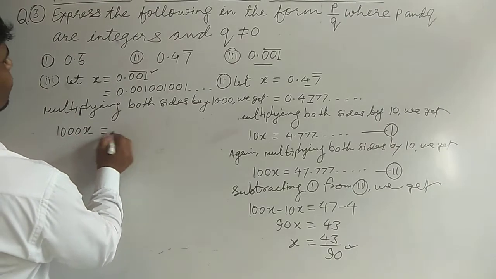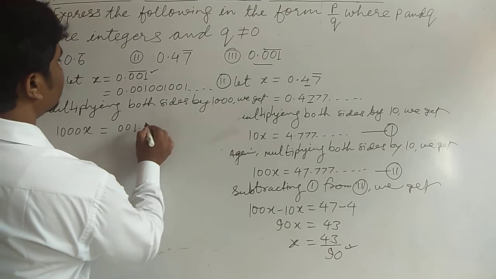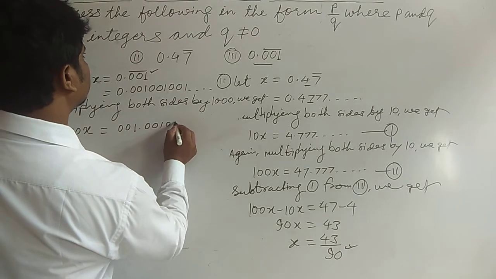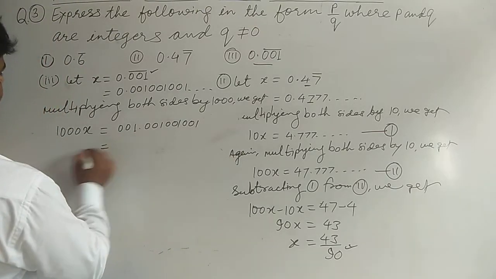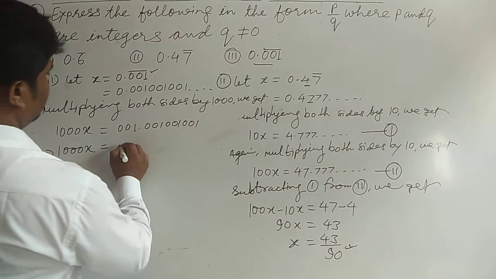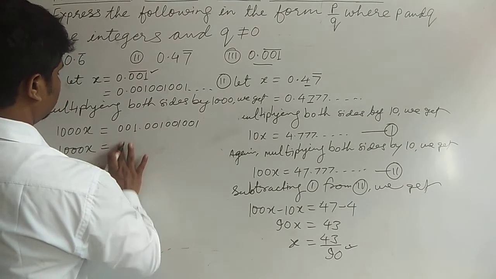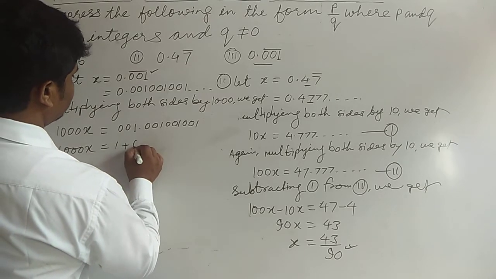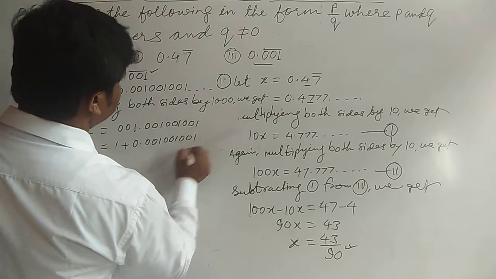1000x equal to 001.001 001, and this can be written as 1 plus 0.001 001.